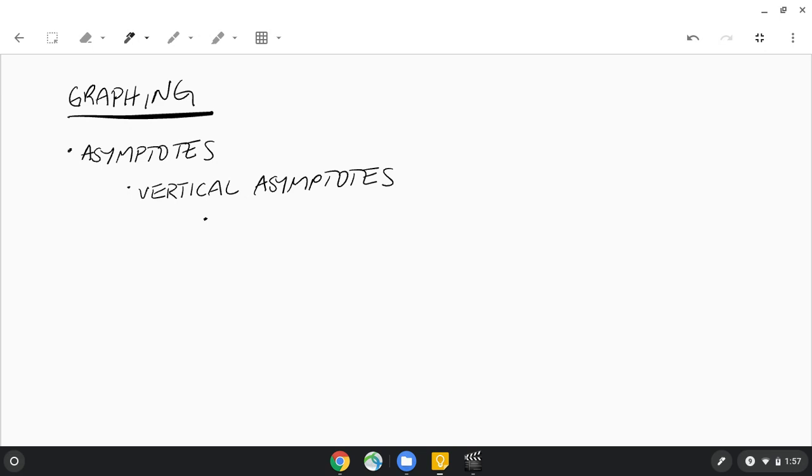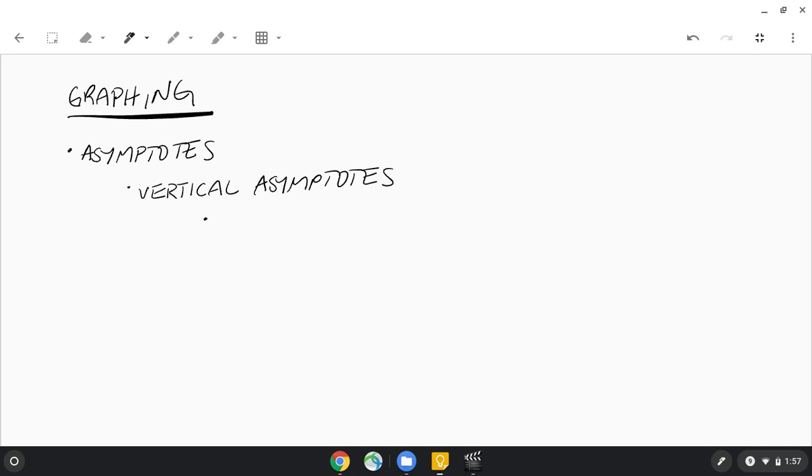So this occurs wherever the denominator is 0, right? We're going to have a vertical asymptote there because those x values are going to be excluded from the domain, because they make the function have 0 in the denominator, which makes it undefined.